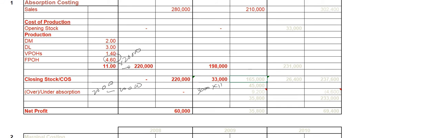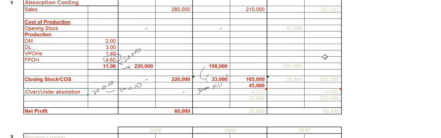And your cost of sales will be 198,000 minus 33,000. So which will be 165,000. So what will be your gross profit, which will be 45,000. 210,000 minus 165,000, 45,000. Now there is one more adjustment to be made here, over under absorption.